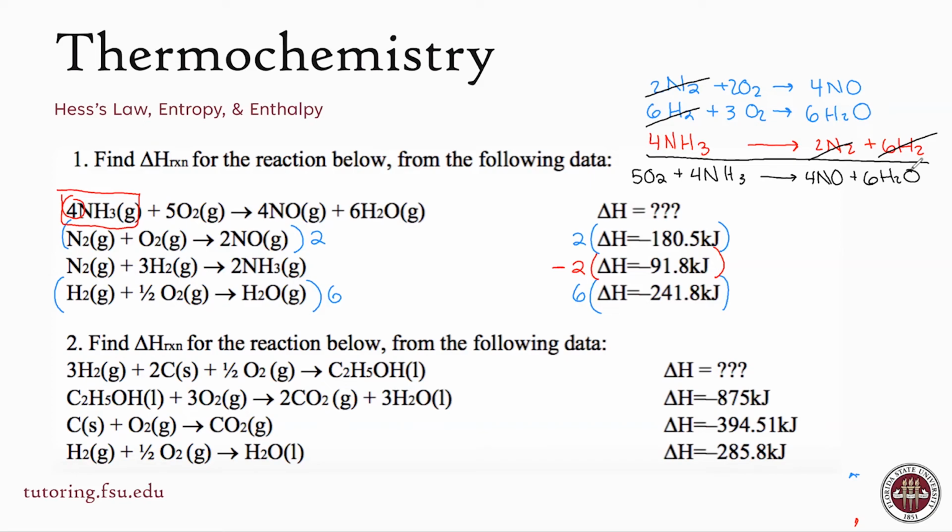So now we have to proceed and find the delta H of this reaction, which we get by summing the delta H's with our manipulations. So if we number this 1, 2, 3, our delta H is going to be 2 times delta H1 plus negative 2 times delta H2 plus 6 times delta H3.